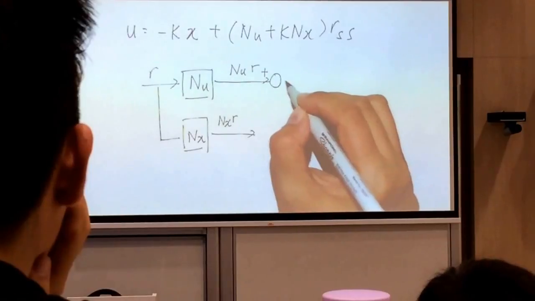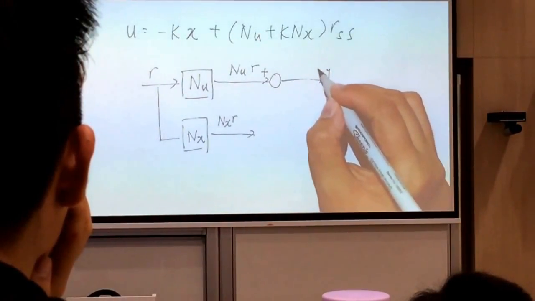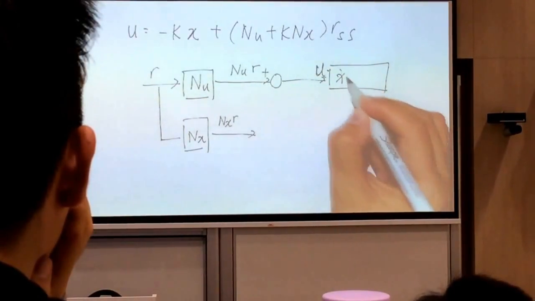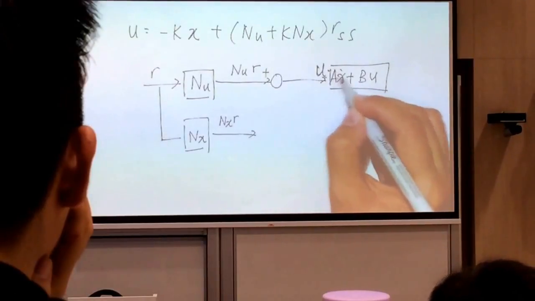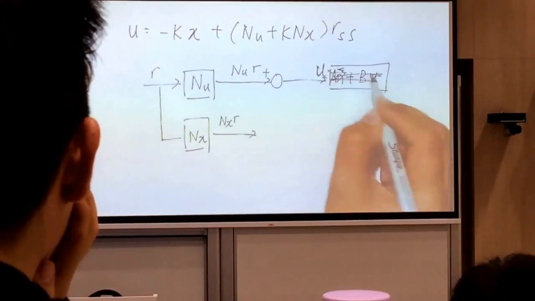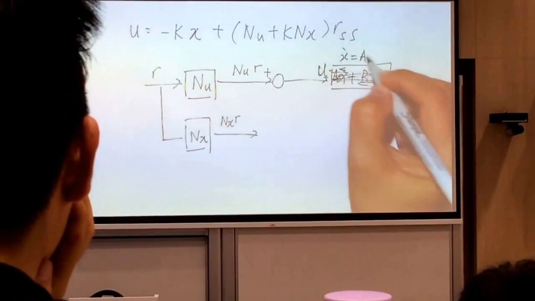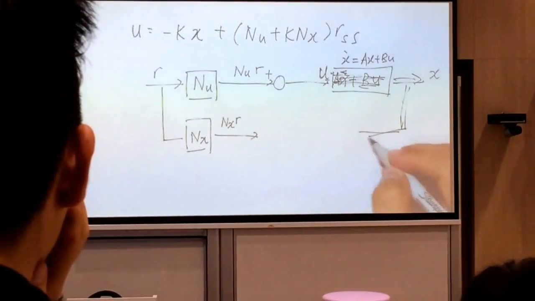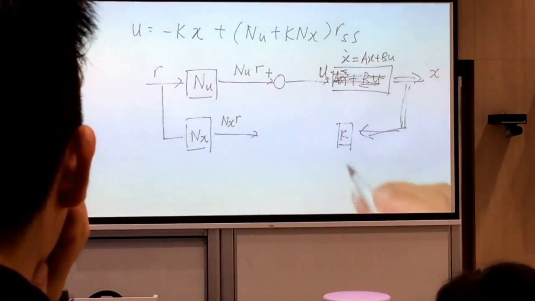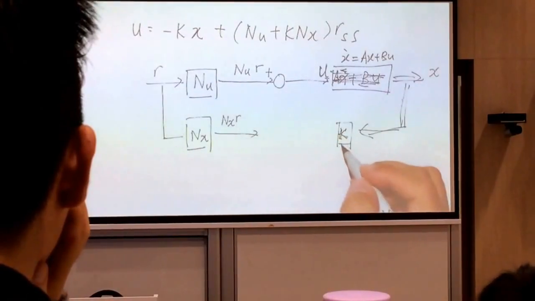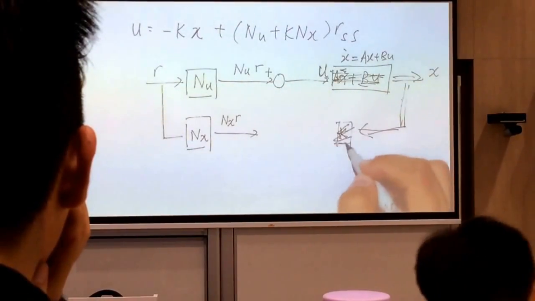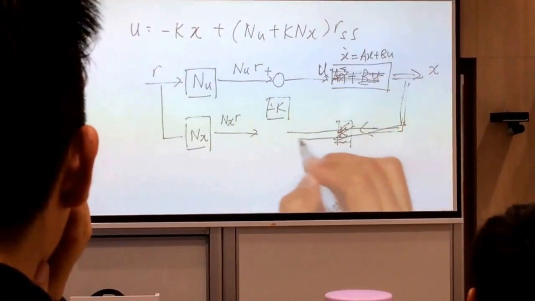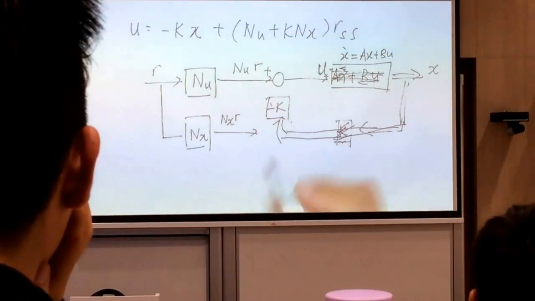Remember that on this side, u fits into this: x dot equals Ax plus Bu. We give you an x, right? And then this was supposed to give you here minus k. Instead of drawing it here, now we take this away and draw this here. Minus k. Okay, so this extends all the way here. Yeah? And what do you have here?